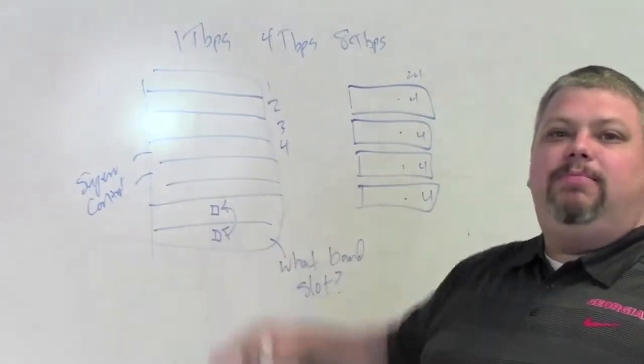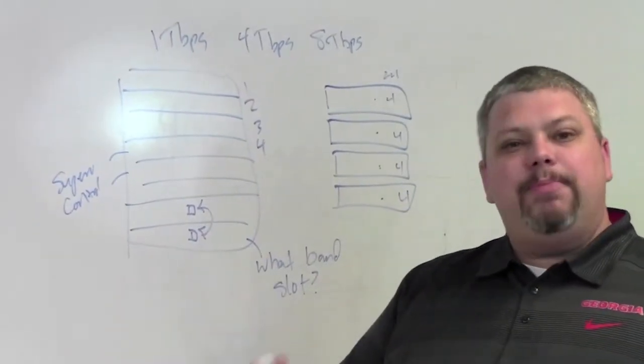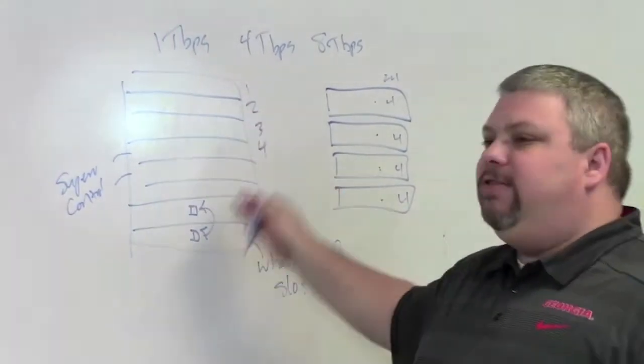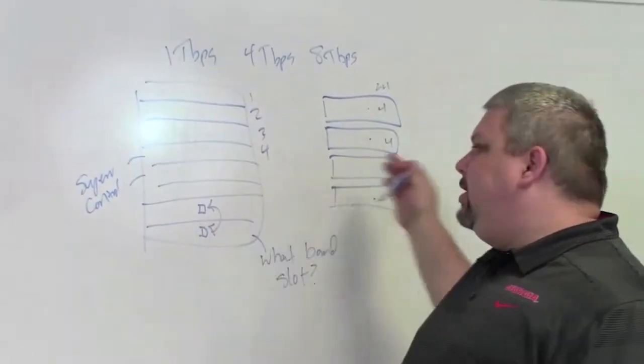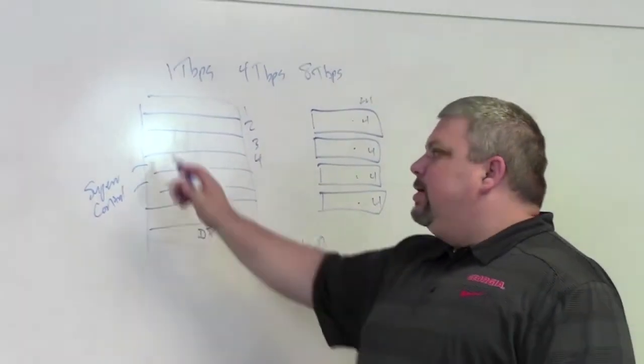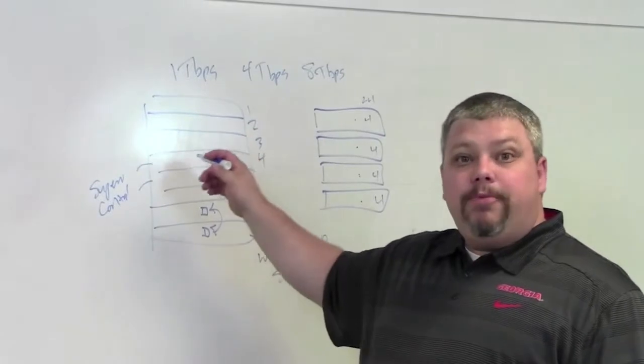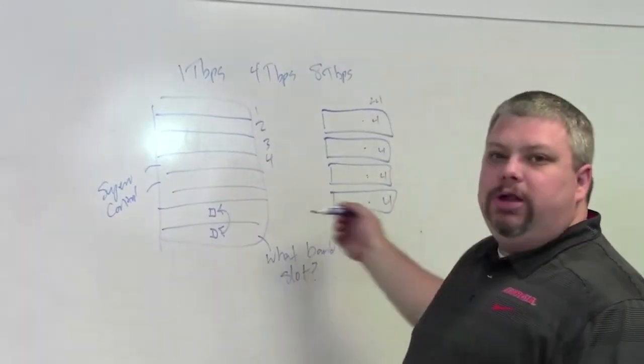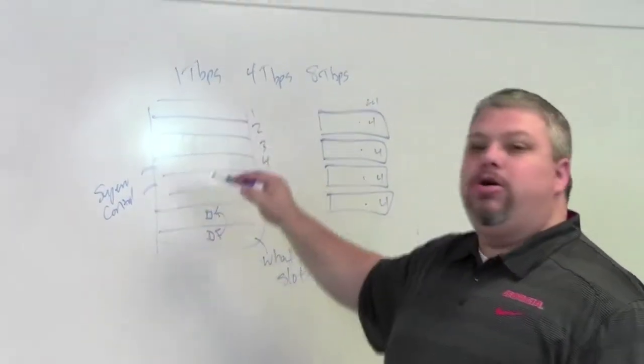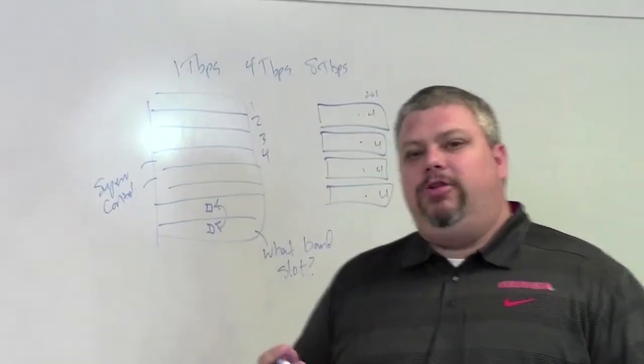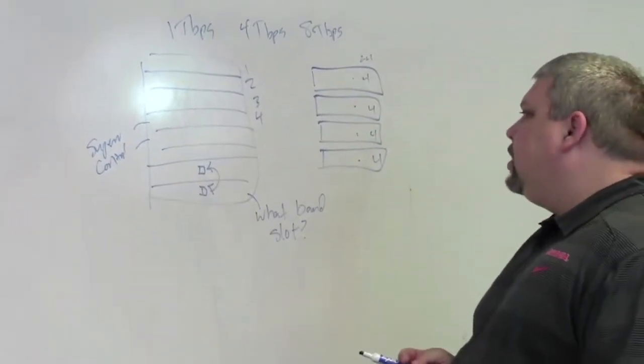Do I have to replace that to move up to the next level, or what's the upgrade path with my chassis? Because that's going to talk about your longevity. You would expect that a chassis switch is going to be more upgradable than a fixed port switch, because you're going to have this a lot longer. So that's something you're going to want to think about as well.